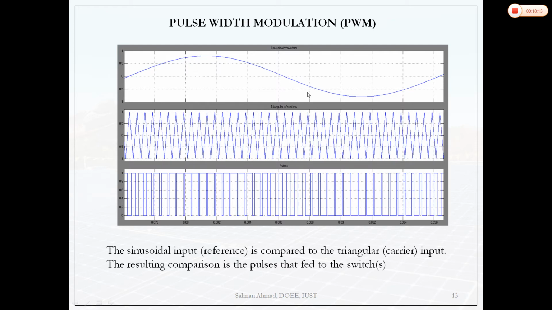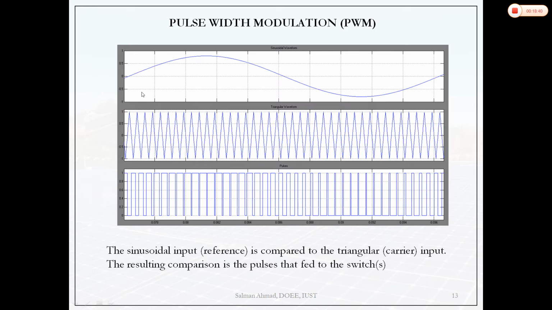So it has the same frequency, like 50 hertz or 60 hertz. Now the triangular waveform is of higher frequency. The output frequency will be determined by the reference signal frequency, and the switching frequency will be determined by the frequency of the triangular waveform. By comparing these two, we can generate the gate pulses that will be applied to the switching devices.